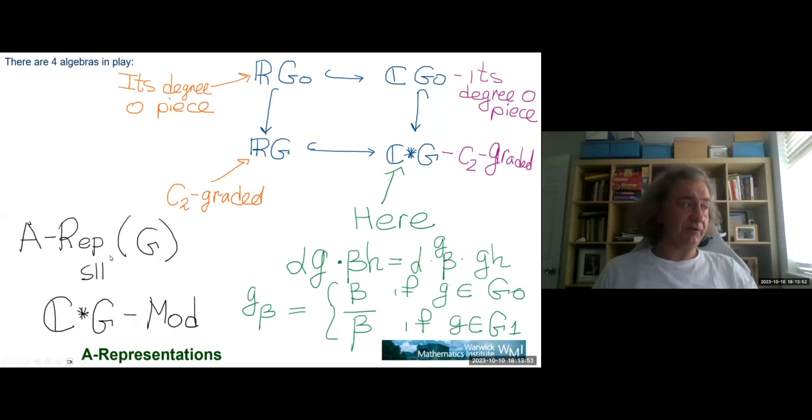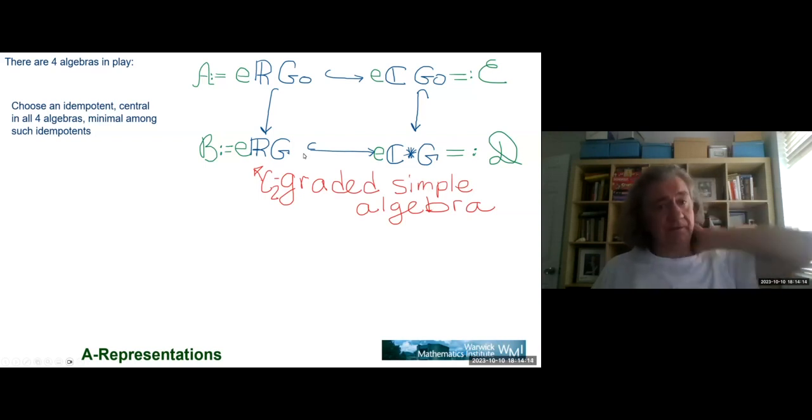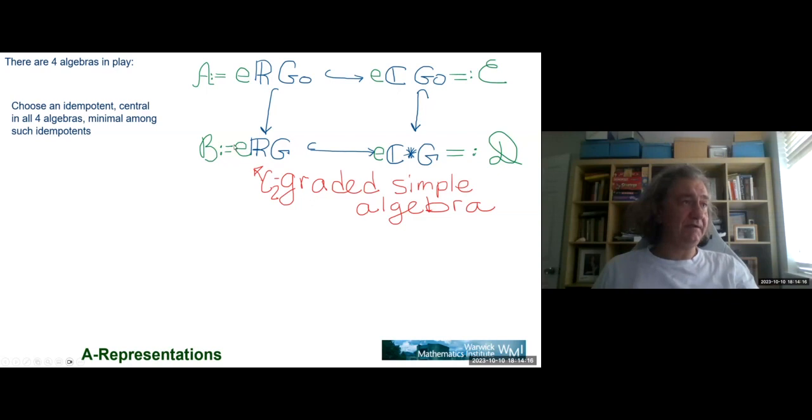How? Because essentially A representations of G are just representations of this C star G algebra. And what we can do is look at a block in these three algebras. Essentially, a sneaky way to define what the block does is to consider the idempotent E, which is central among all three.